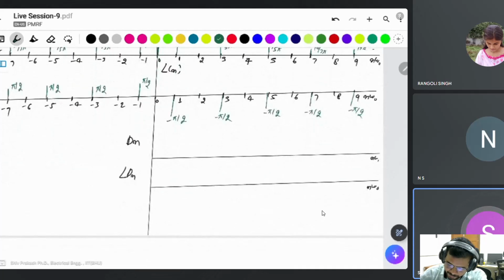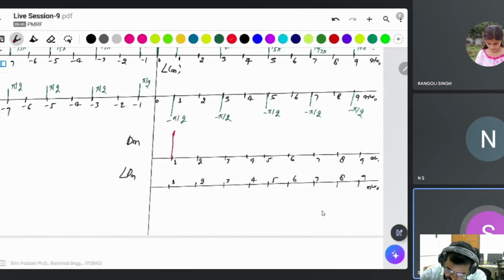What about the Dn? We take the magnitude and angle for the Dn, at harmonics 1 through 9.